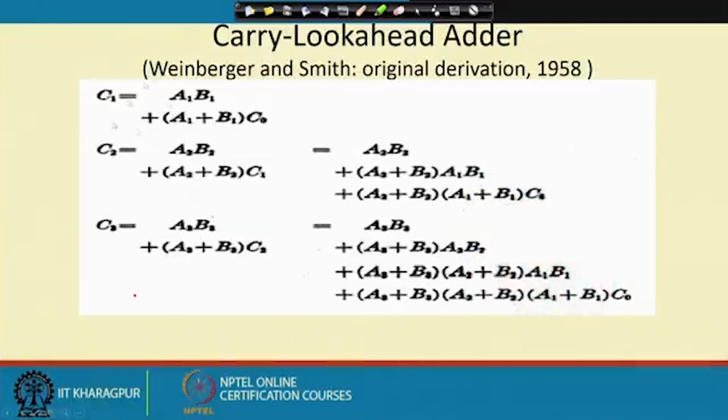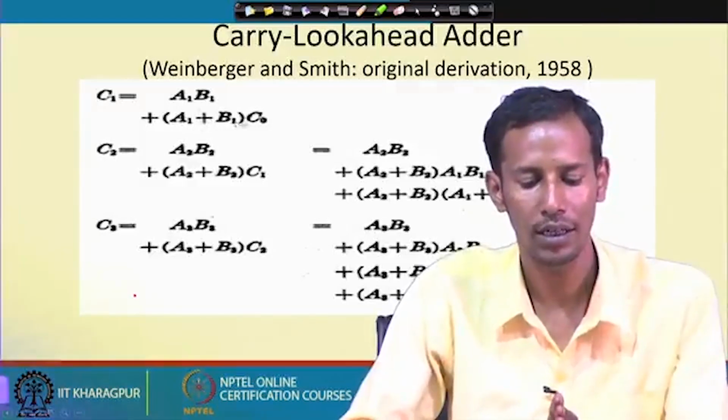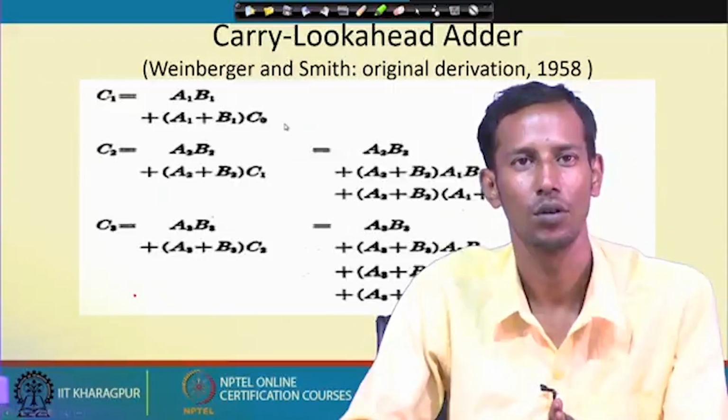that means the first level after the LSB, where I need A1 and B1 as the input. So, A1 B1 plus A1 XOR B1 into C0.